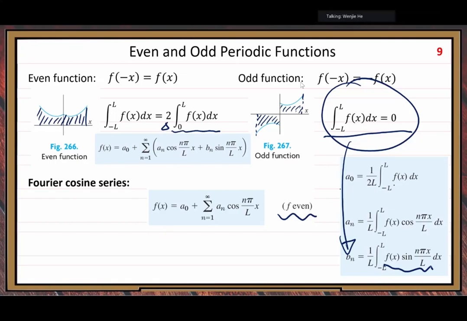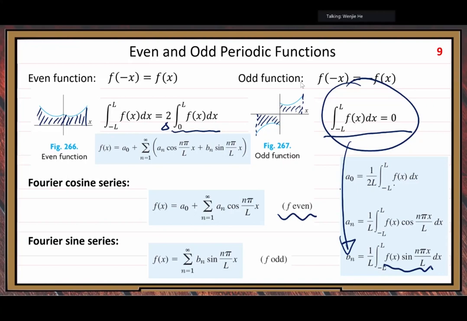Let me explain another one. Then we can complete the other half. Fourier sine series, this time we assume f is an odd function. Then we only keep the sine terms. All the cosine terms are gone. Why? Now, f is an odd function, so a0 is 0, right? a0 equals 0.